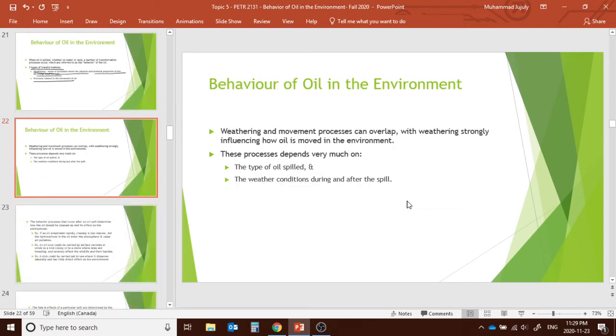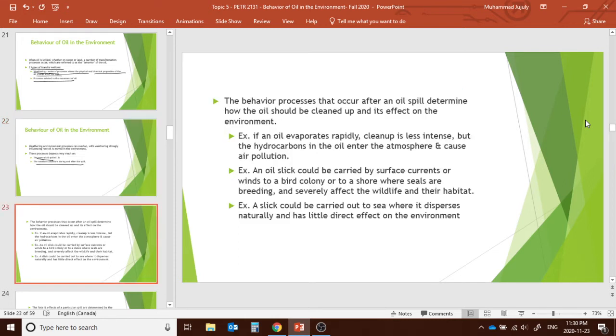Now weathering and movement processes can overlap, with weathering strongly influencing how oil is moved in the environment. This type of process very much depends on the type of oil spill and the weather condition during and after the spill.